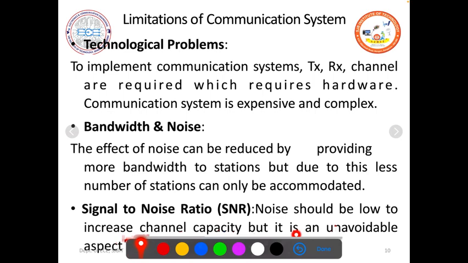The advantages of modulation are: reduction in height of antenna, avoiding mixing of signals, increased range of communication, multiplexing is possible, it improves the quality of reception, and it allows adjustment in the bandwidth. So these are all the reasons why we should go for modulation.